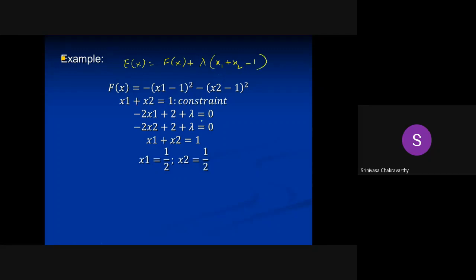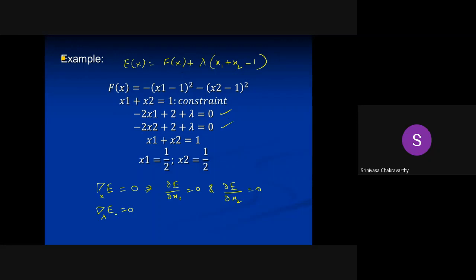Okay, so the equations are del E with respect to x equal to 0 and del E with respect to lambda equal to 0. Del E with respect to x equal to 0 actually has two equations, because that means dou E by dou x1 is equal to 0 and dou E by dou x2 is equal to 0. If you differentiate this with respect to x1, you get this, and the second equation will be this.